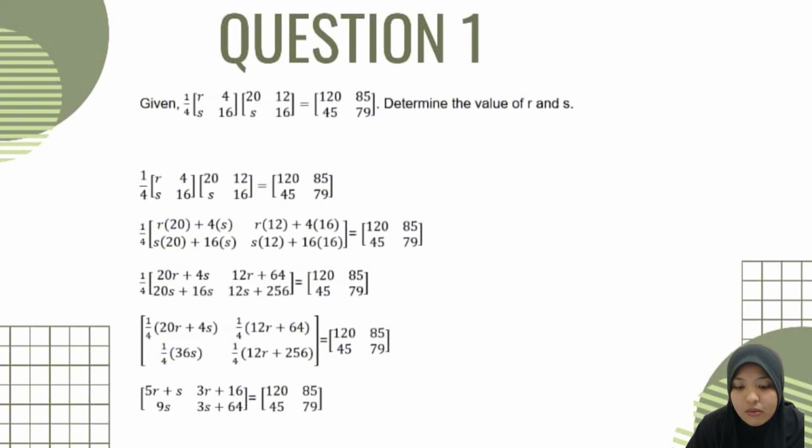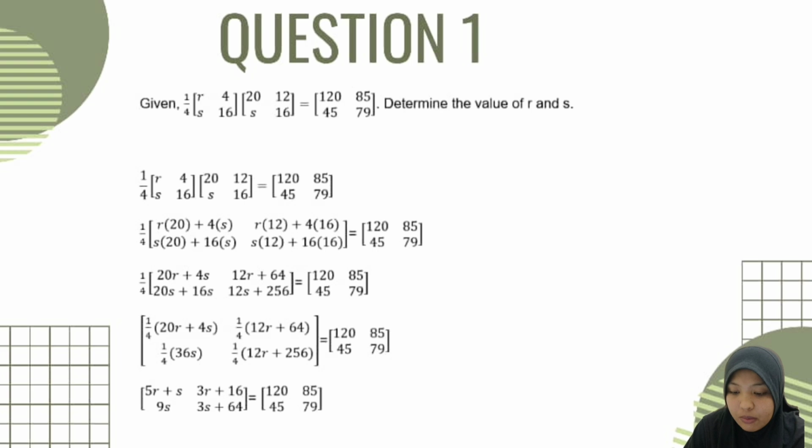So determine the value of R and S. From the question above, I take it out to make it easy to explain the answer. As you can see, I call it matrix 1, matrix 2, and matrix 3.